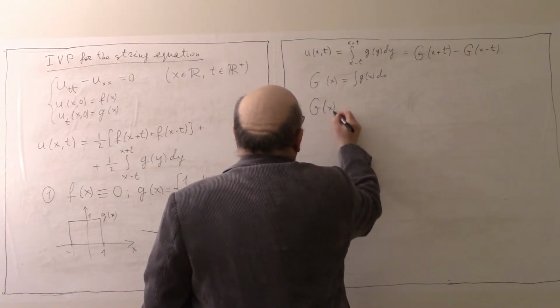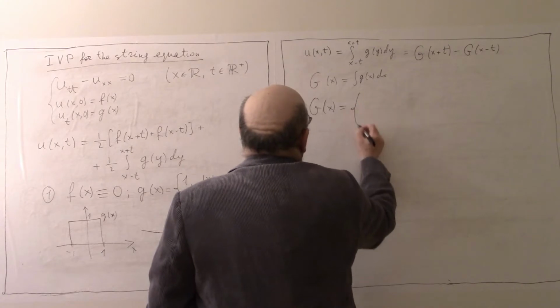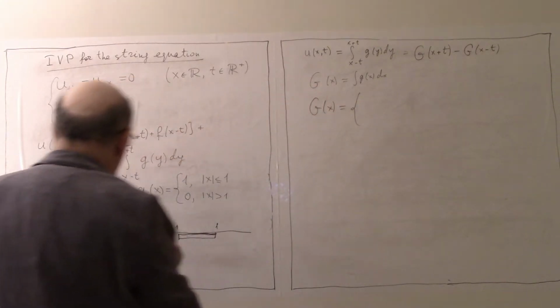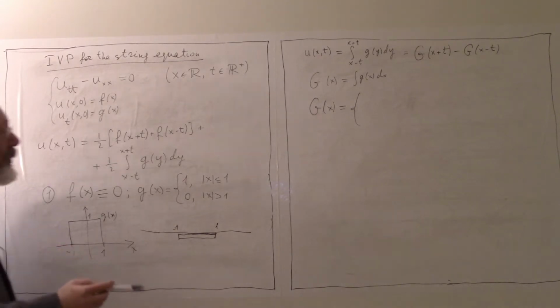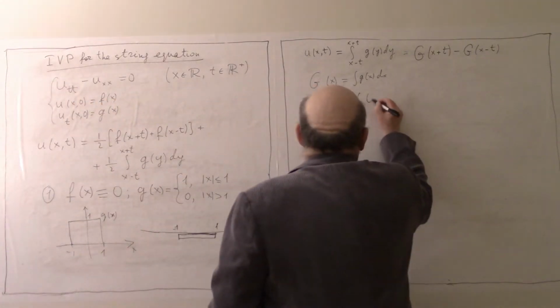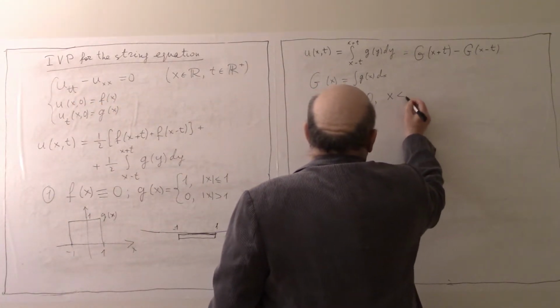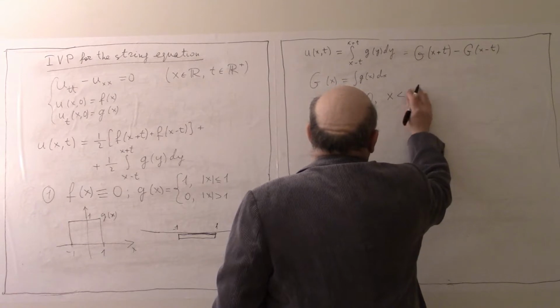Now in this case, if the function has this form, then G(x) equals the following. First we integrate from -1 to x when x is less than -1. This is naturally 0. So G(x) is 0 for x less than -1.